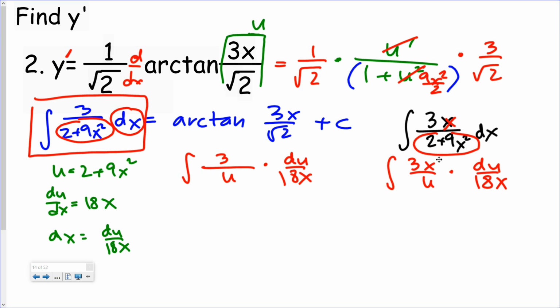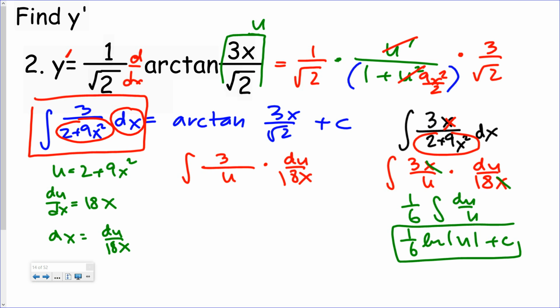So you've got to go through the u substitution because it might work and you might not have to do the arc thing. On this side, your x's would have canceled out. This answer would have been 1 over 6, I think, right? 1 over 6. What's the integral of du over u? Ln of u, right? So this would be 1/6 ln of u plus c, and that would be the answer had there been an x here.